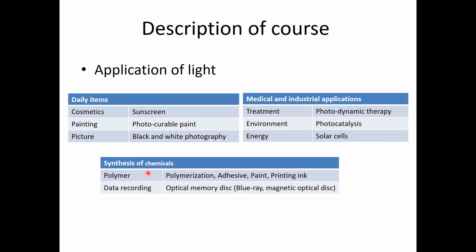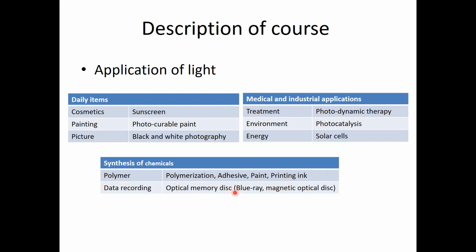In the synthesis of chemicals, we use polymers and plastics. In this application, we use polymerization, and adhesives, paint, or printing ink use the photo-induced polymerization reaction, where radical species are involved. And also in the data recording process, we use optical memory disks.